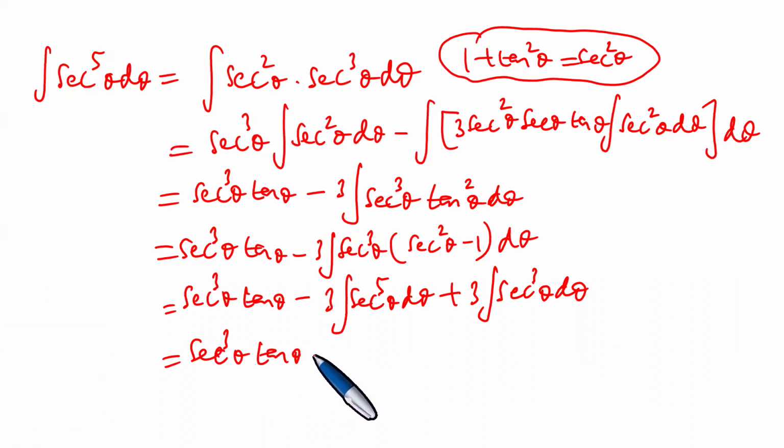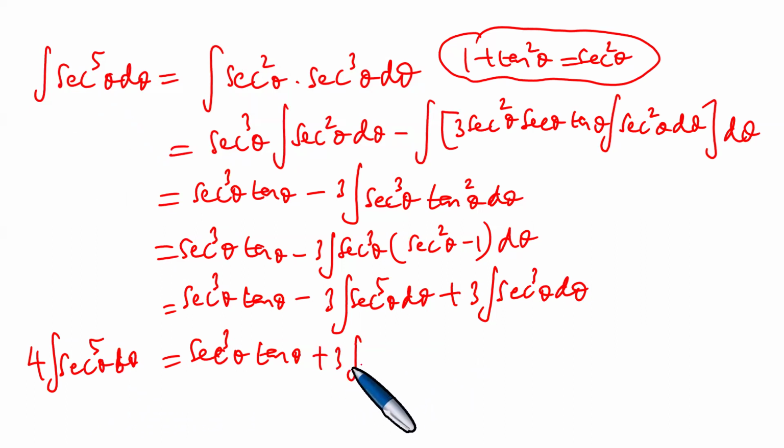Right, so minus, now these 3 can be taken across, giving us exactly 4, the integral of the secant to the 5th power, like this. Now, okay, so this one we've moved it across, and then we have a plus 3, the integral of the secant of theta d theta.